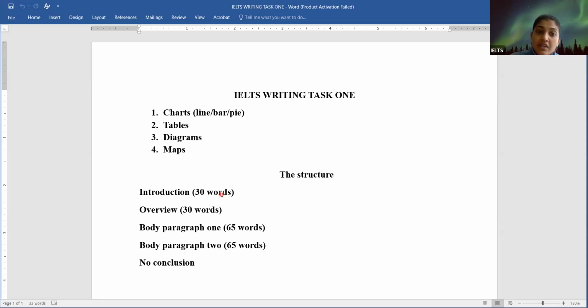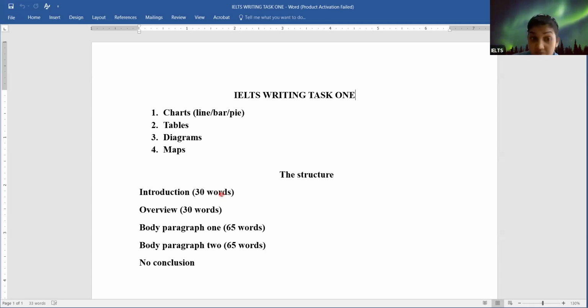Okay, when we come to the overview, you know, an overview gives the main idea about the figure. Think that you have to write an illustration on a chart. Think about a bar chart. So after examining the whole bar chart, you have to give an idea. It means you can give the main idea of this chart, table, diagram, or the map.